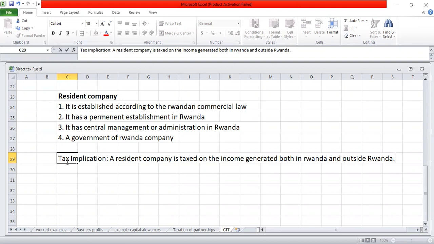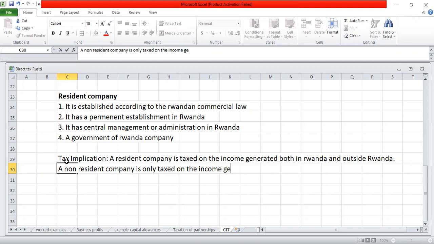It's a resident but a foreign company. A non-resident company is only taxed on the income generated in Rwanda.